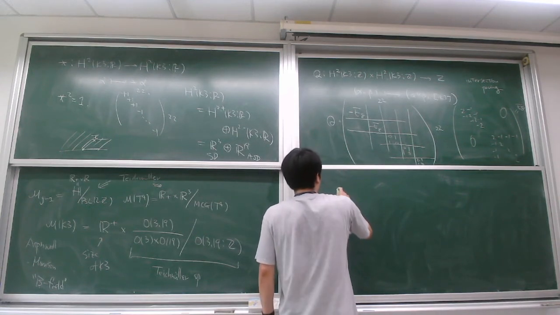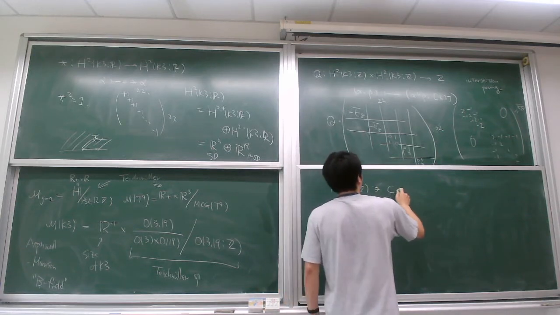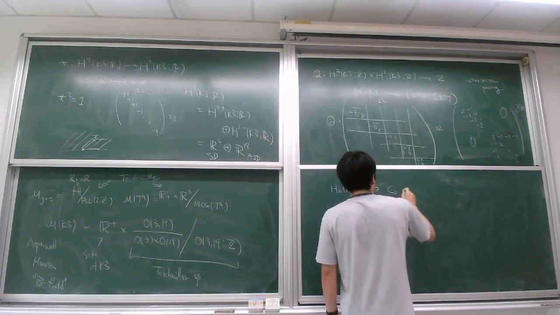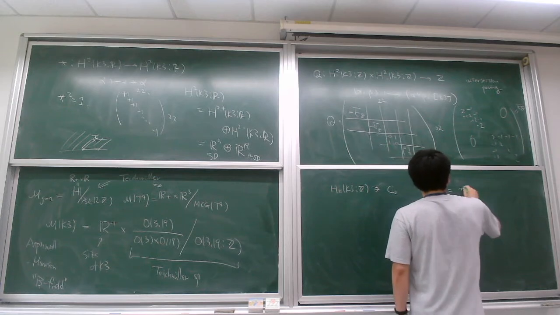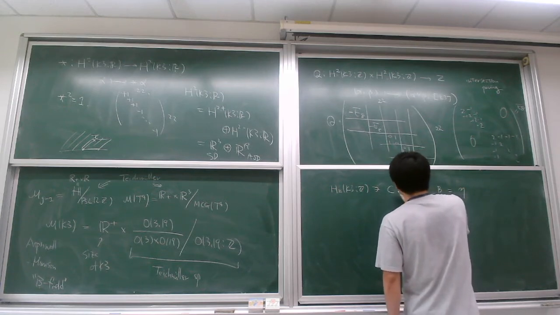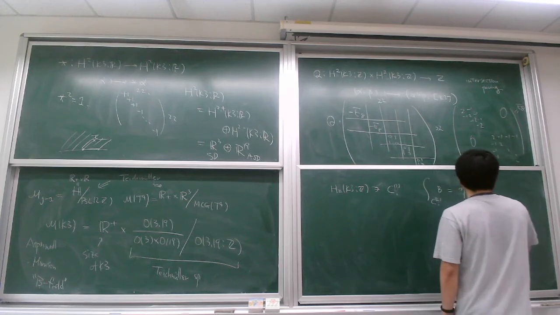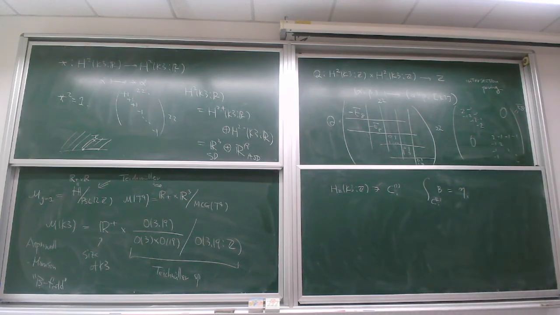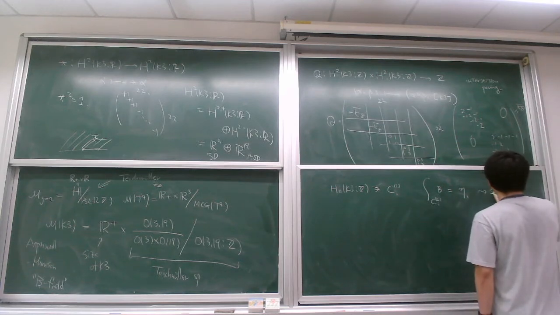You have a B field, and for each cycle in H2 of K3, pick a 2-cycle C2 and integrate over B. That will give you some parameters, one for each 2-cycle I. So there are 22 parameters.